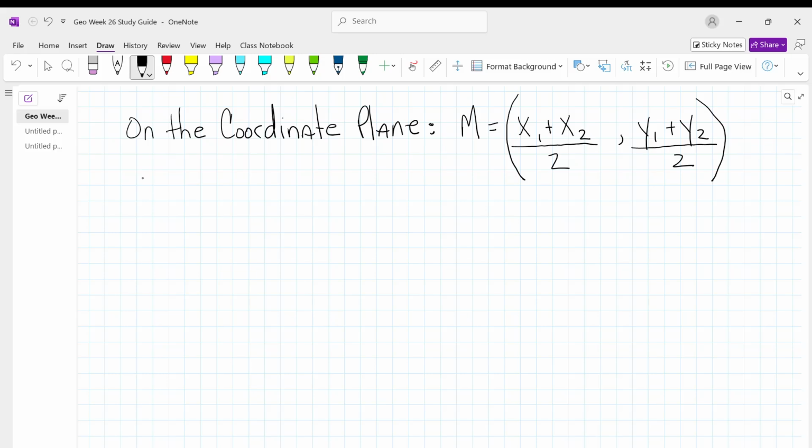So if we're on the coordinate plane, and we've got a segment that goes from P that's at (2, 8) down to Q that is at (12, 1).